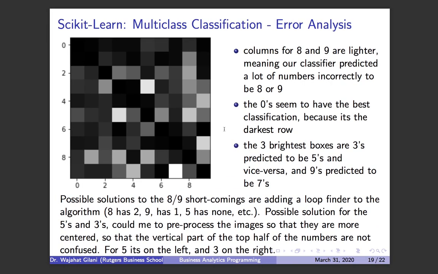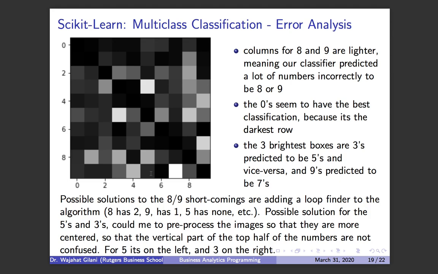But what I can see in terms of lightness, if we look at the classes, these columns right here are light. The predictions of the 8s and the predictions of the 9s are relatively light in these ranges right here and right here. And if we look at the actual values too, the 8 and 9 seem to be light as well.